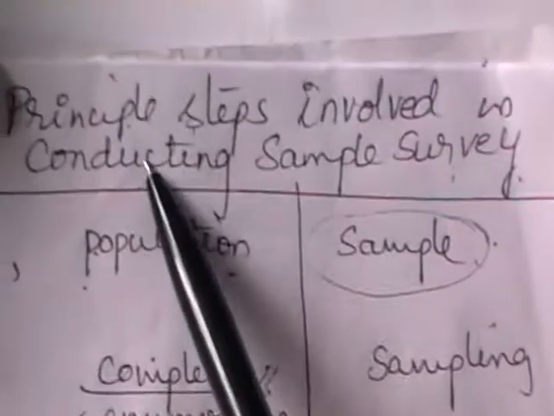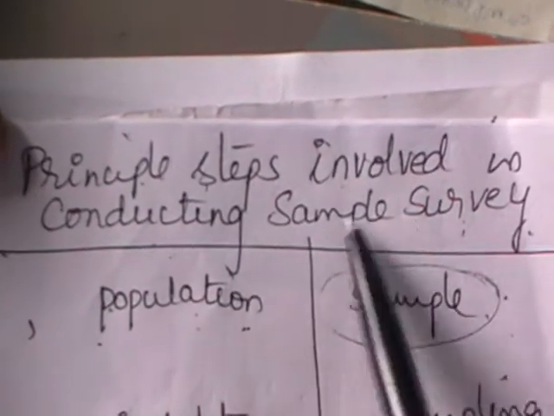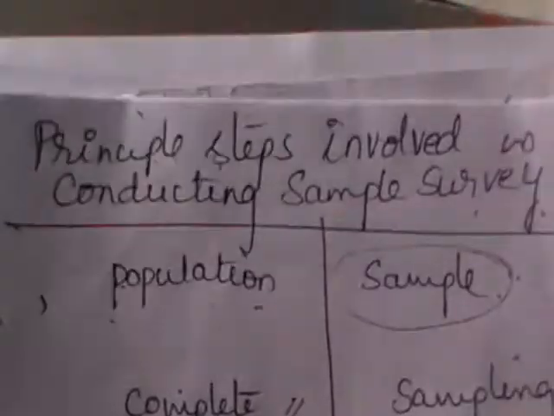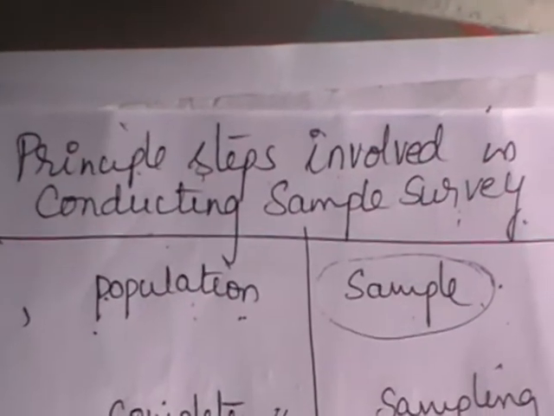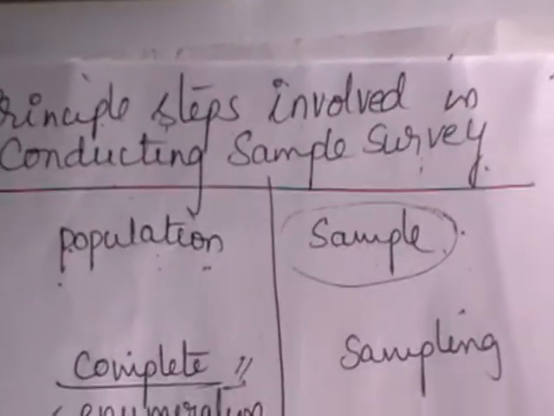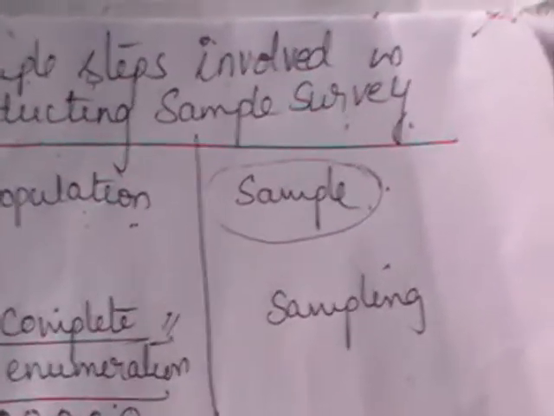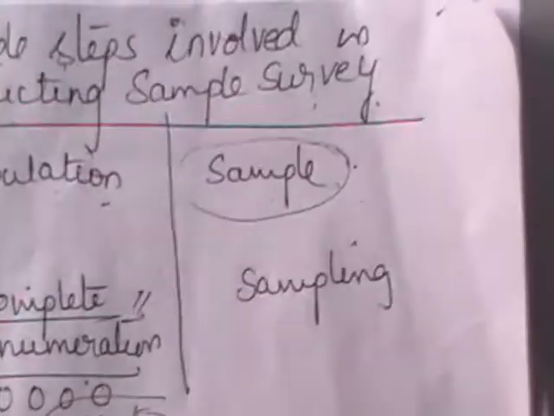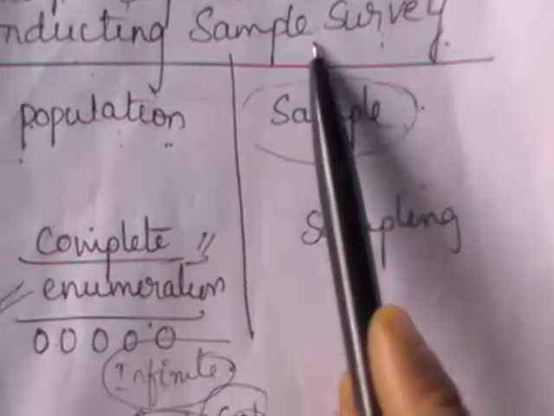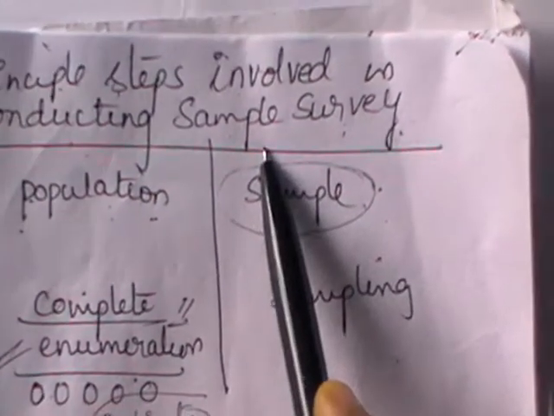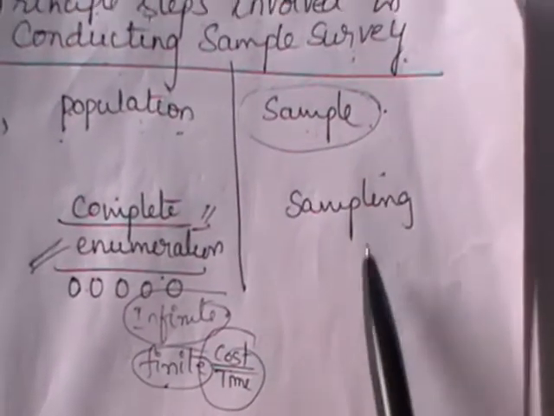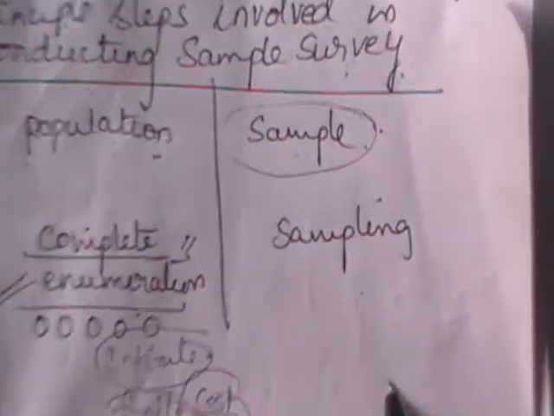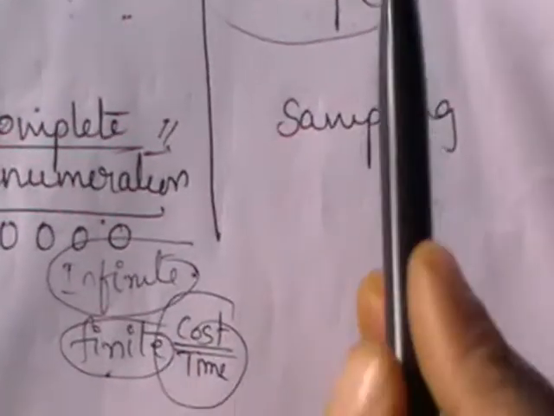Now let us see the principal steps involved in conducting any sample survey. Just as while writing the practical you follow headings like aim, formula, procedure, calculations, and at last you draw the conclusions, similarly if you are going to conduct a sample survey, what do I mean by sample survey? A sample survey involves drawing a sample, studying and analyzing the sample, and drawing the conclusions for the given survey.